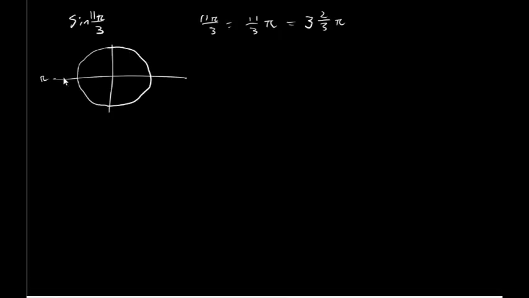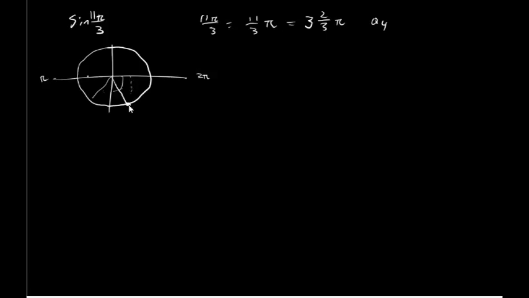So here's 1 pi, here's 2 pi, so 1, 2, 3 plus 2/3, so an extra third, so over here in the fourth quadrant. So we're in Q4.